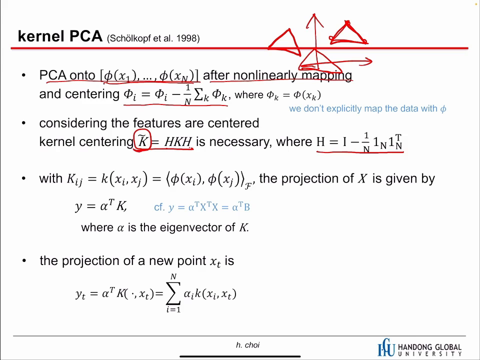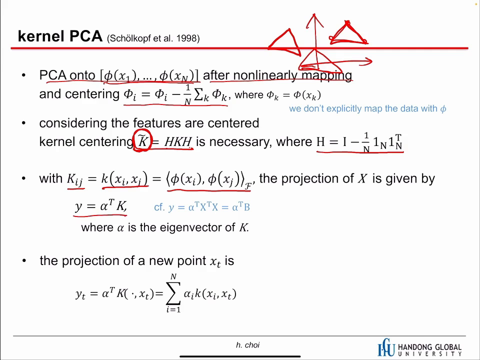This K tilde is actually our kernel matrix. The element K sub ij of matrix K is the kernel function of x sub i and x sub j, which is implicitly the inner product of the nonlinear function. Again, we don't map this data set. And the projection of y is given by this.